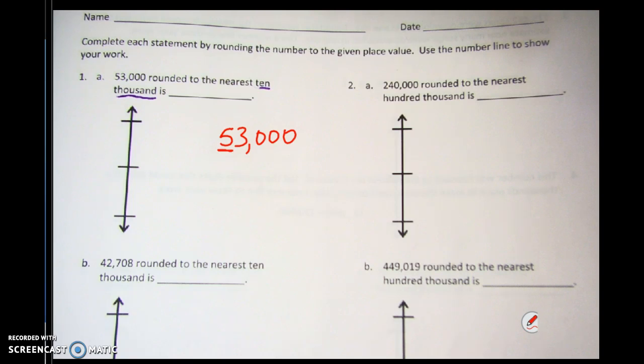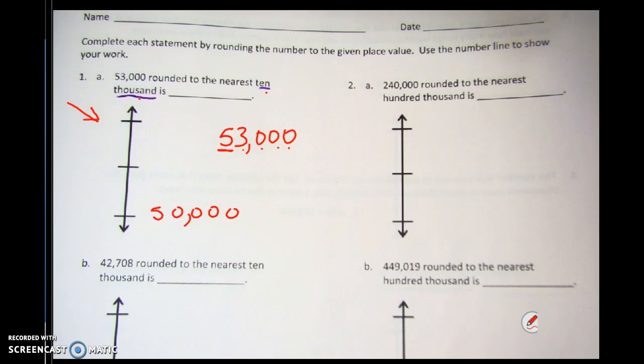Now, according to my vertical number line, not my place value chart, excuse me, I'm going to be counting by 10,000s, right? So if I'm counting by 10,000s, I can write this digit down, count my zeros, 1, 2, 3, 4. And I know that it is 50,000.